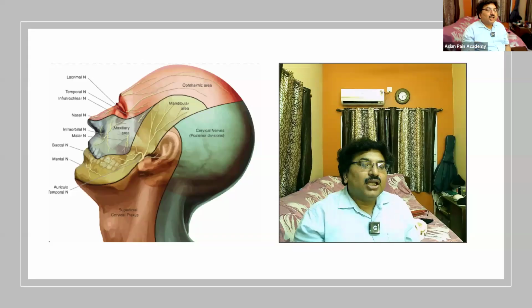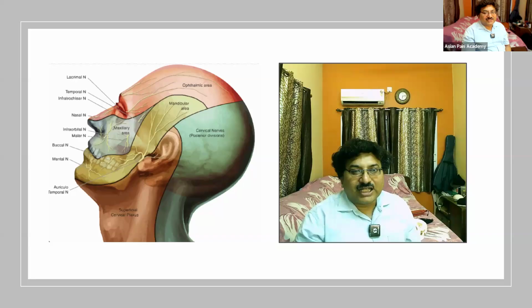But if we compare with the other two, the ophthalmic and maxillary, they do not have any motor components, whereas the mandibular division has motor components. There are some motor components from the main nerve trunk itself, and some from its anterior and posterior branches.